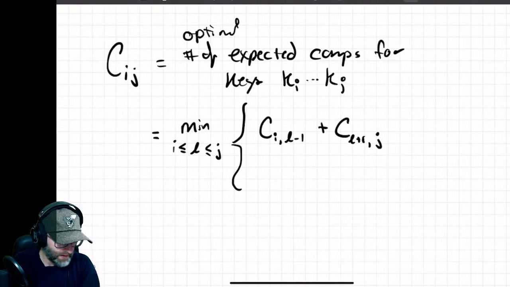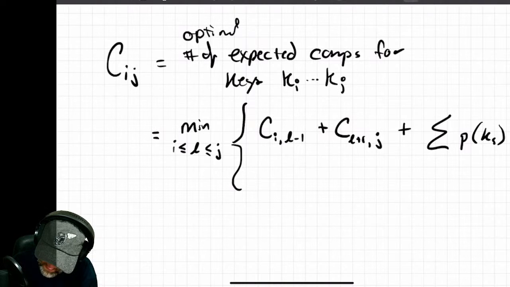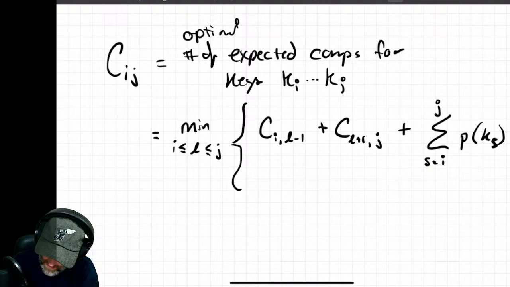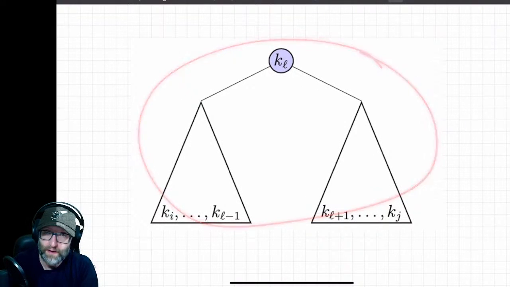That's going to cost me a sum of probabilities. And here I'll use yet another variable, s, for s going from i up to j. Now, you'll note here that this is actually invariant. It does not depend on l. I'm summing up all the probabilities of all of these keys.